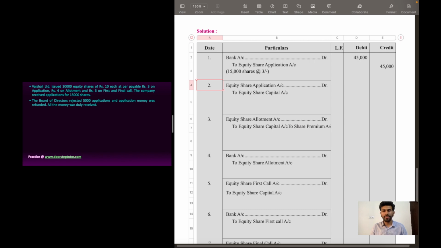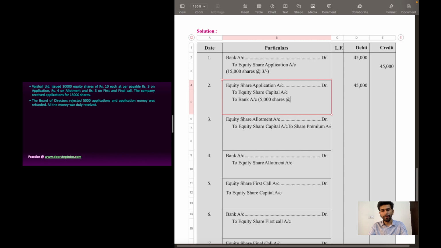And the directors have decided to refund the money on excessive 5,000 applications. So entry will be equity share application account debit to equity share capital account and to bank account. Equity share application account will be debited with 45,000 rupees, which was previously credited. Now, application money is refunded on 5,000 equity shares.